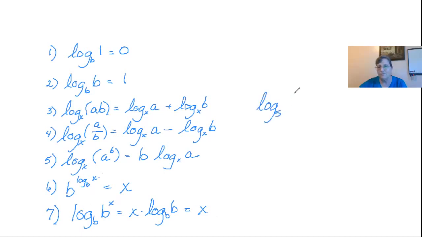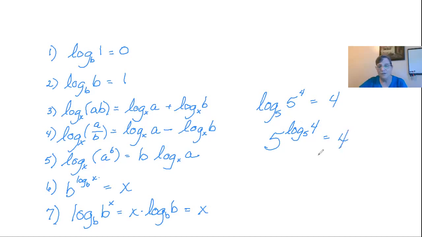So the log base 5 of 5 raised to the 4th is 4. On the other hand, 5 raised to the log base 5 of 4 means 5 is being raised to the exponent that's going to make it equal 4.